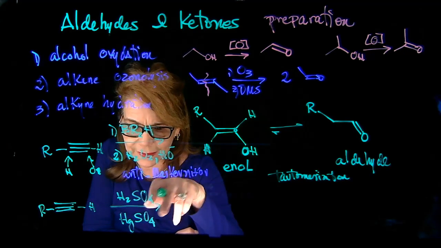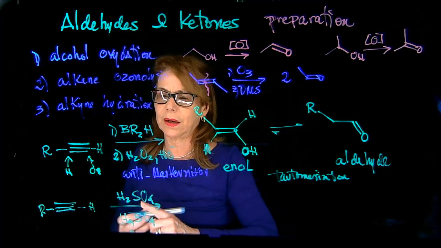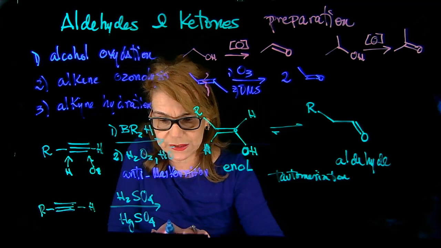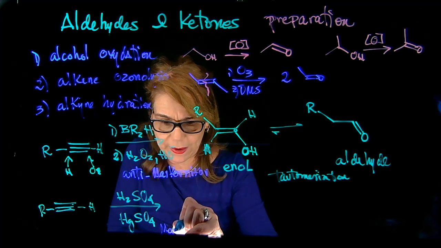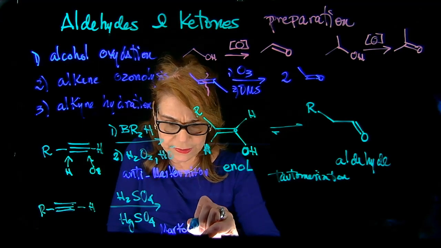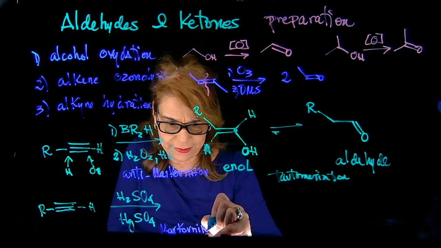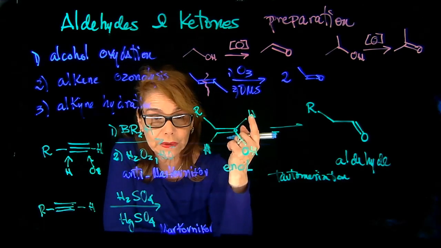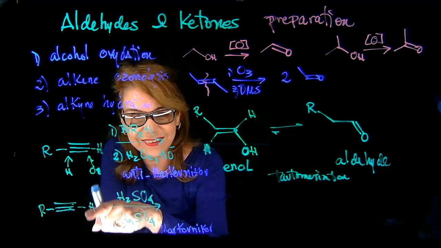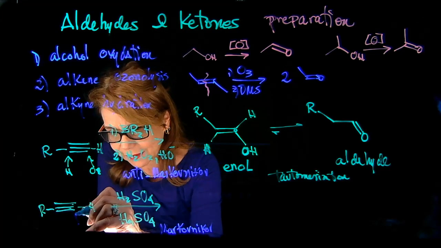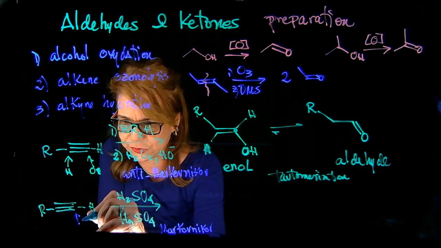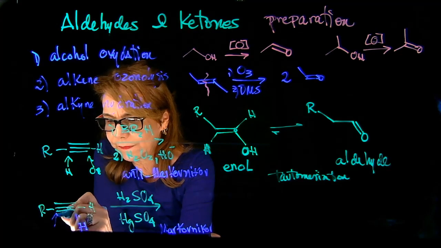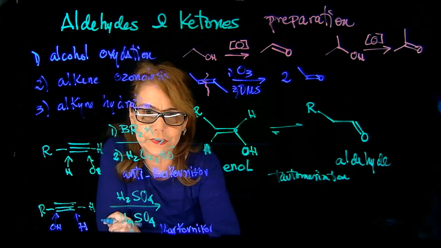When you see this condition, it is Markovnikov. So what you need to remember when you're predicting products, if this is Markovnikov, the regioselectivity is that you will put the H at the least substituted carbon. And how do you know it's the least substituted? You don't have an R group here. So I'm going to add across the triple bond in Markovnikov fashion: the H at the least substituted carbon and the OH at the most substituted carbon.